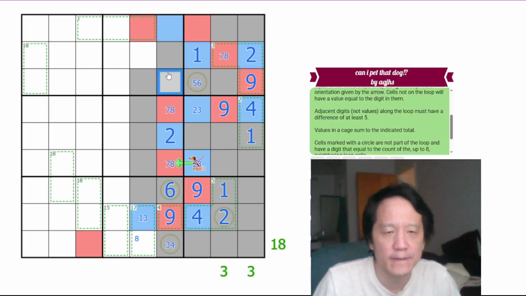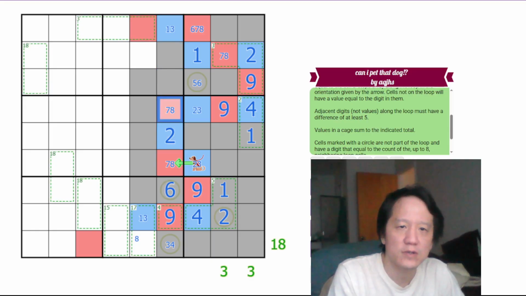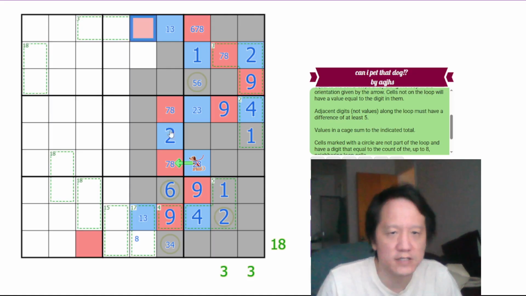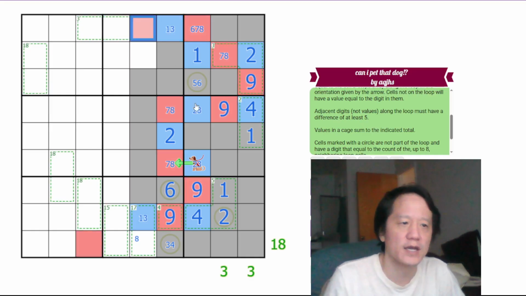This is high. It could go like that. It could just go straight through. We don't know. This has to be 6, 7, or 8. This is 1 or 3 because it cannot be 2. This is connected to 2 unique digits on a German whisper loop, so it cannot be 6.